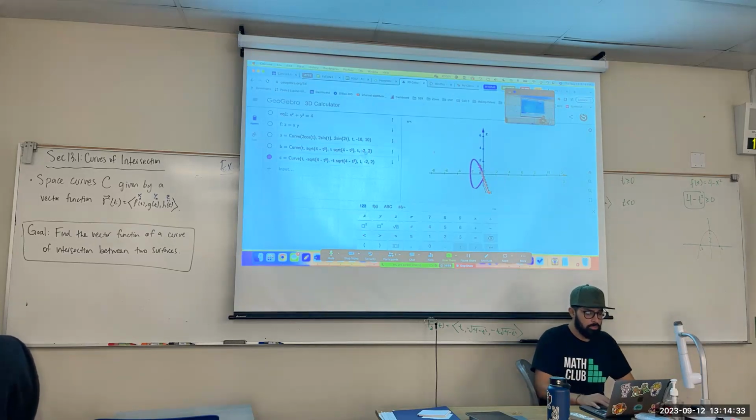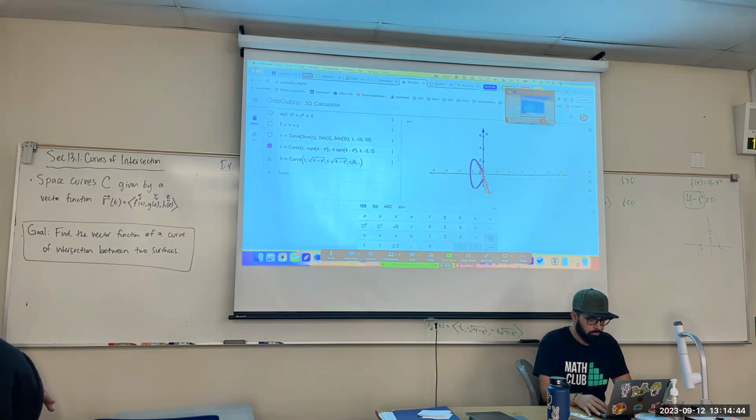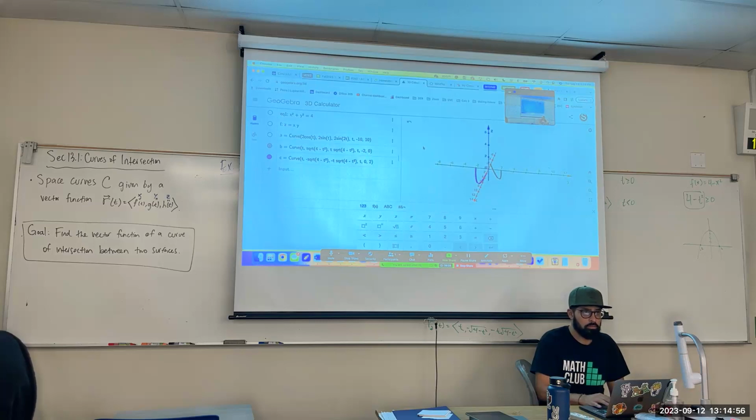If I try to do a piecewise function where this goes from 0 to +2, and this goes from -2 to 0, and then 0 to 2, see, it's not going to give me the whole thing as I wanted.